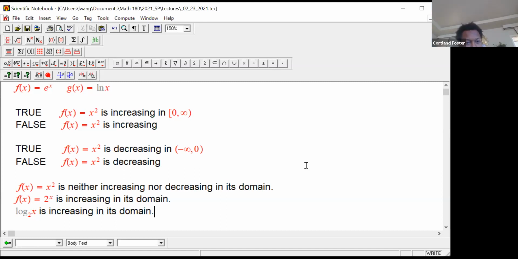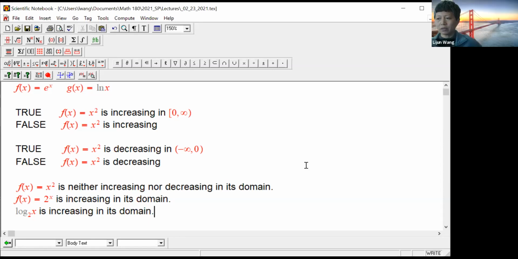I have a question. Yeah. For f of x equals 2 to the power of x and f of x equals log base 2 of x, do we have to state the domain in interval notation, or can we just say it's increasing in its domain like you just did?